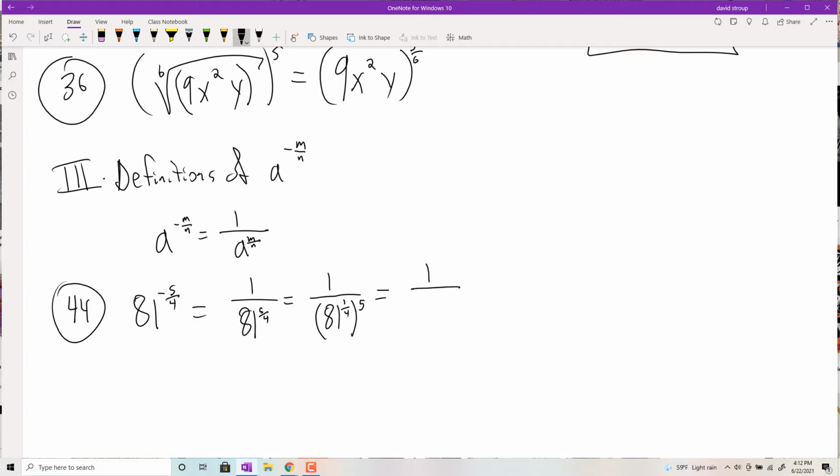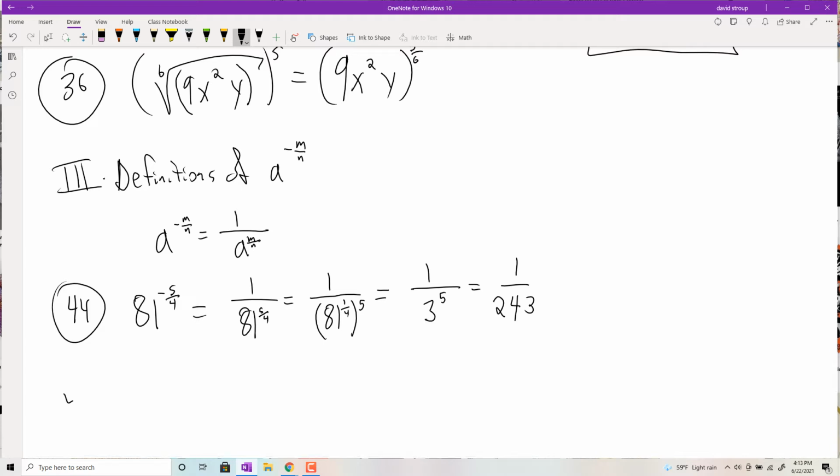So 81 to the 1/4 is just 3. Okay, and then I have 3 to the 5th. 3 is 9, 3 is 27, 3 is 81, and then 243, sorry. 1 over 243. Try to avoid my calculator, that's what I get.